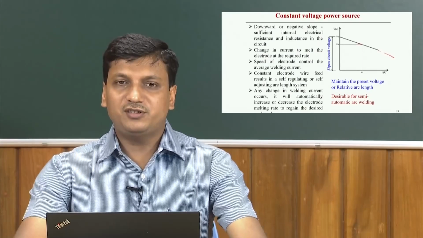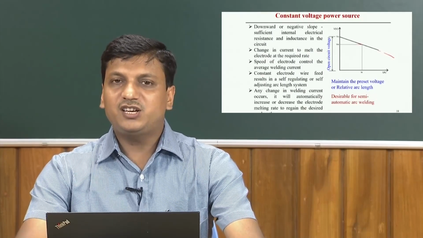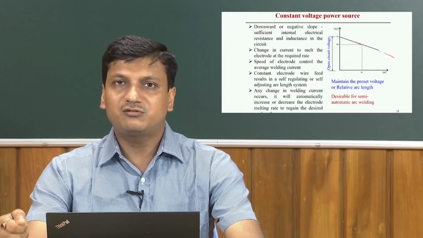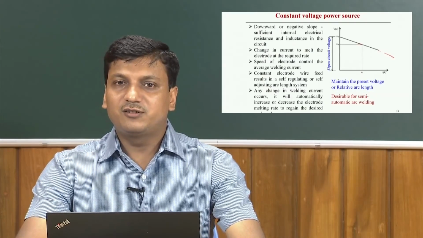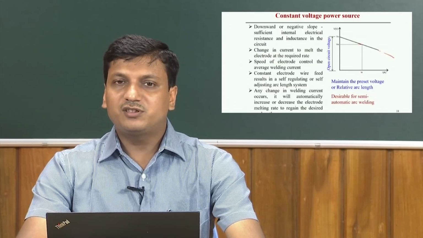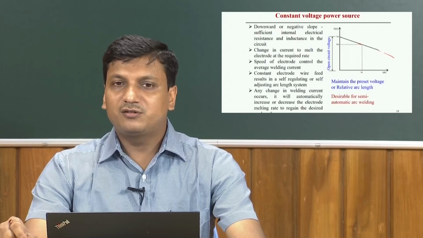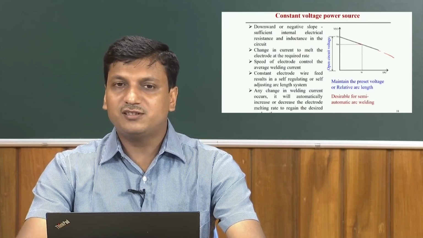From the figure, you can see that it starts from the open circuit voltage. That open circuit voltage is required just to start the arc welding process, and then from the open circuit voltage there is a drop, but the drop rate is very low in this case.